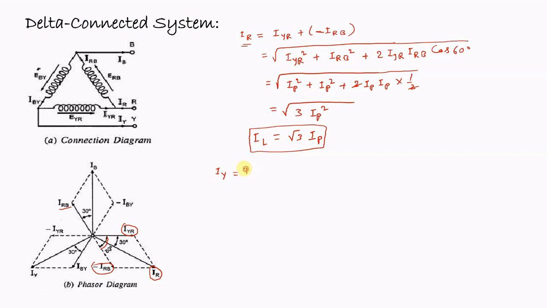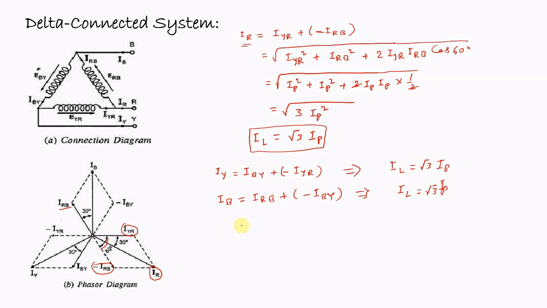It will be equal to IBY plus minus IYR, and in the same manner we can find IL will be equal to root 3 of I phase, and similarly the line current, that is IB, will be equal to IRB plus minus IBY, and again we will get the line current is equal to root 3 times of the phase current.